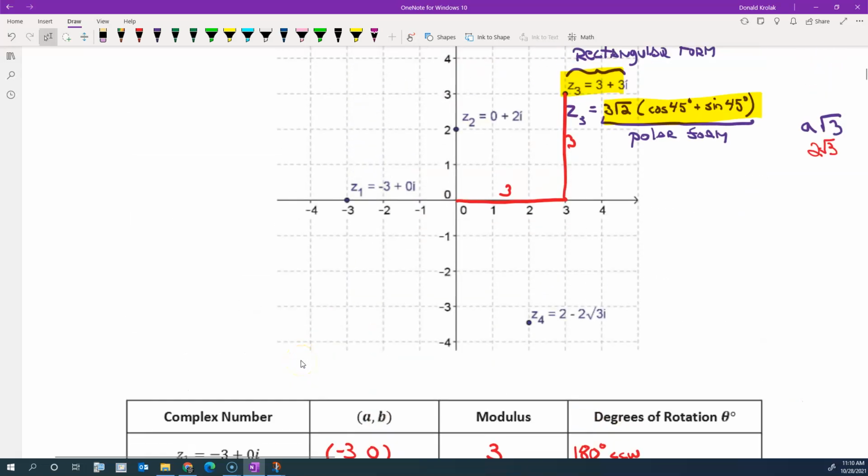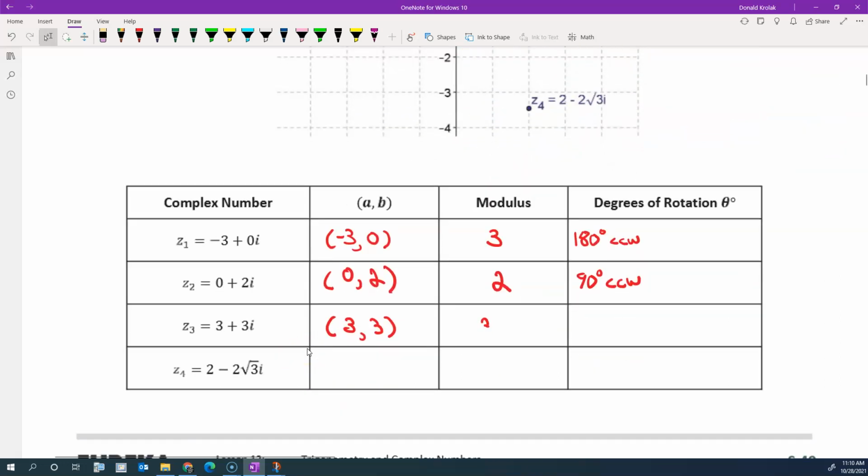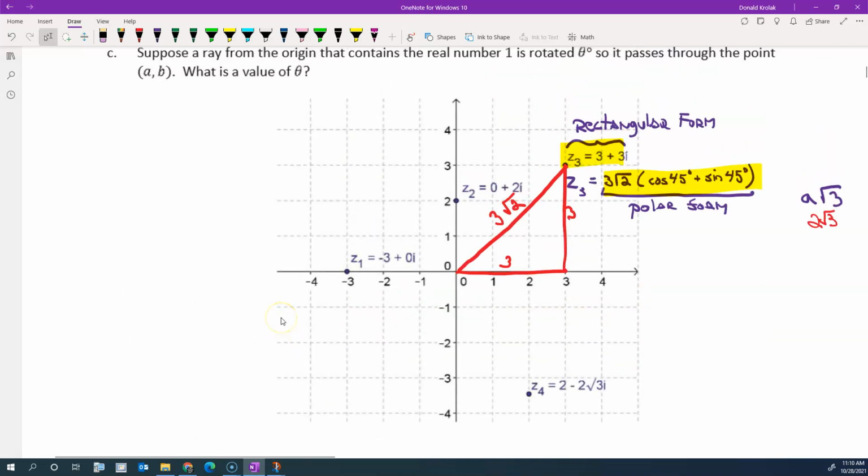Okay, its modulus we already did. This distance was 3 root 2. So we already knew that. And this rotation had to be 45 degrees.